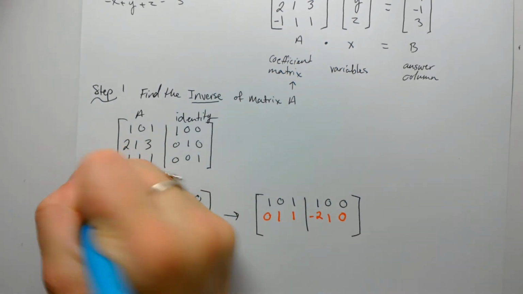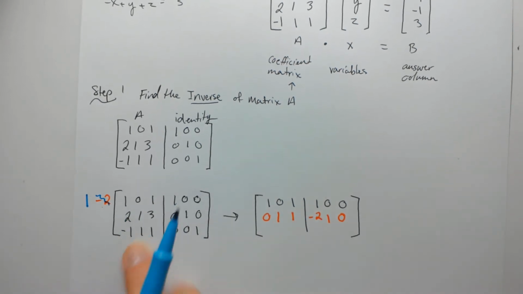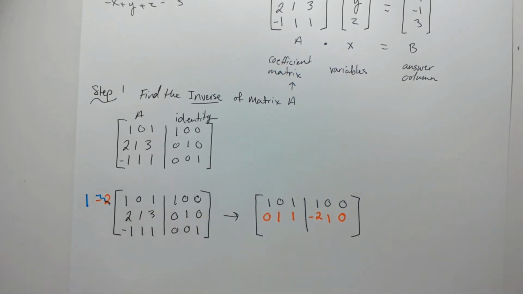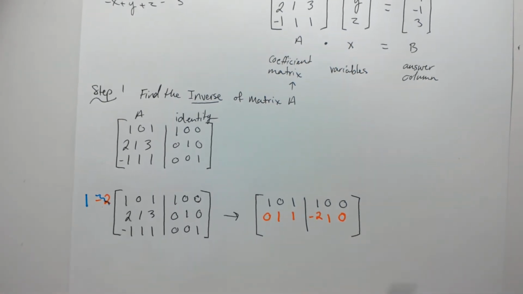So then you're going to multiply this by a +1. This time, we've already done row 2, and now we're trying to change row 3. So you're really only focusing on one row at a time. You are not doing it to every single row, and that's super imperative.